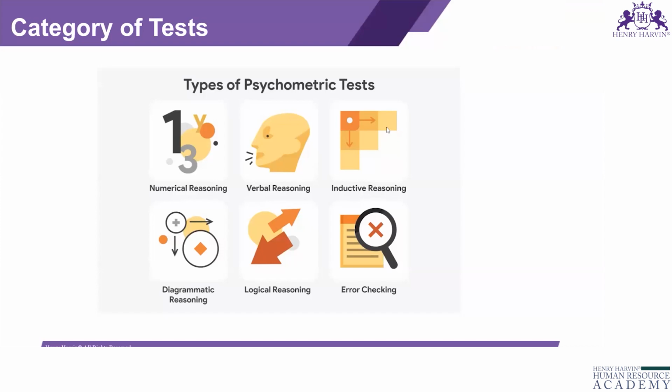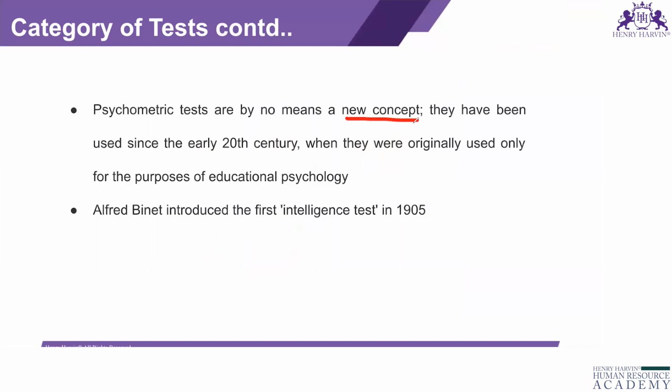Now, psychometric tests are by no means a new concept. It's not new as per the history, right? It's quite old. They have been used since the early 20th century, when they were originally used only for the purposes of educational psychology.